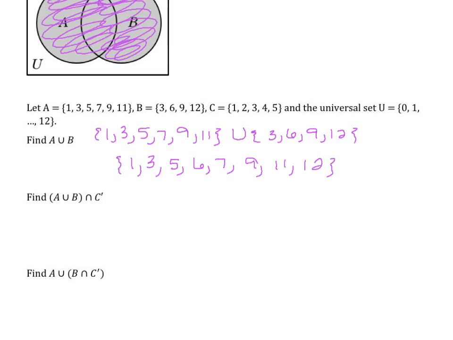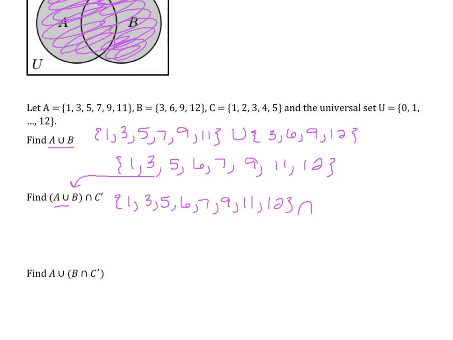Let's find A union B, combining A and B together, and intersect that with items that are not in C. We already have A union B; we already discovered what that was, so we can write that. No extra work needed here.